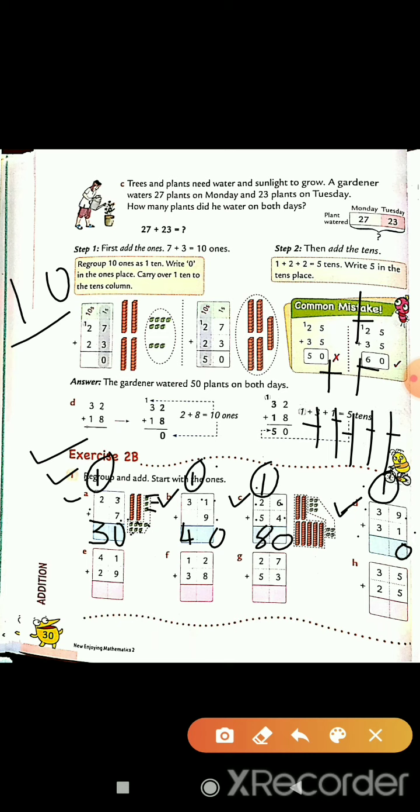So double of 3 is 6, and 6 plus 1, 1 is added to 6. So the answer is the number after. What comes after 6? 7. So here our answer is 7. So the answer is 70. Or you can also count like this: 1, then 1, 2, 3, 1, 2 and 3. Count them together: 1, 2, 3, 4, 5, 6, 7. The answer will be the same.